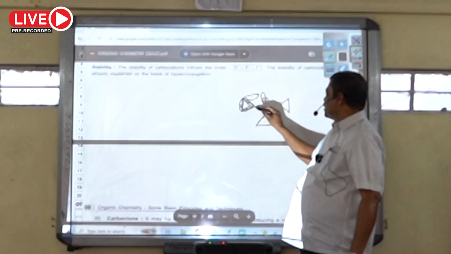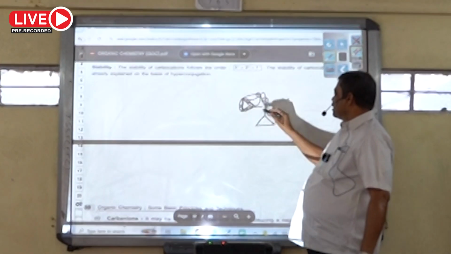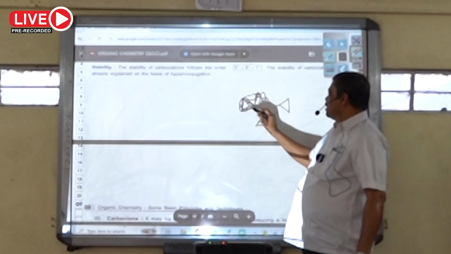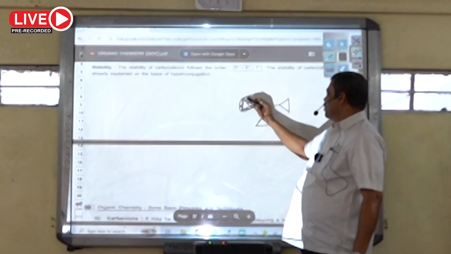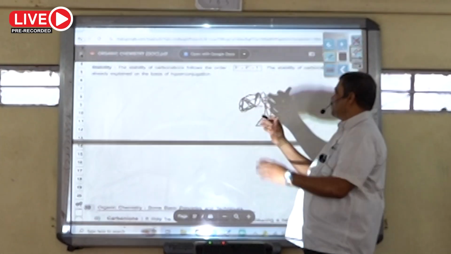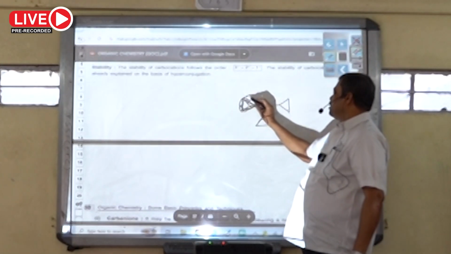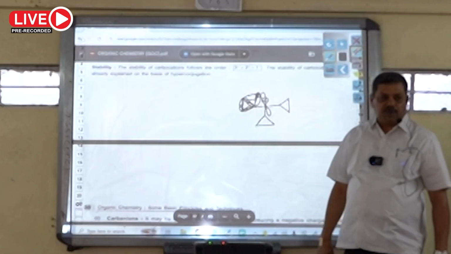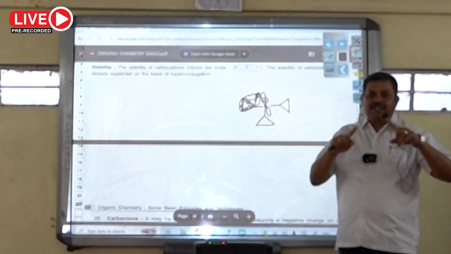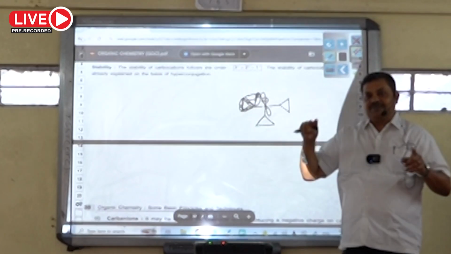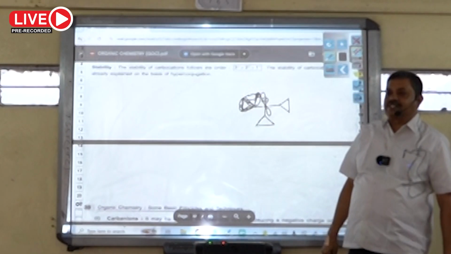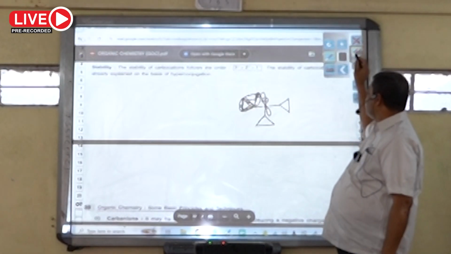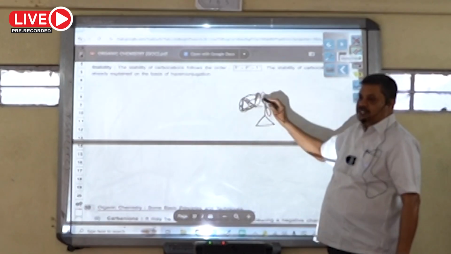They don't stay along the line. Actually, they should be like this, but they are coming out. When they come out due to bulging, we get bent bonds, where the bond is not a straight line. Now it becomes bent. Because of this bent bond, the carbon positive charge will overlap with this bent bond.